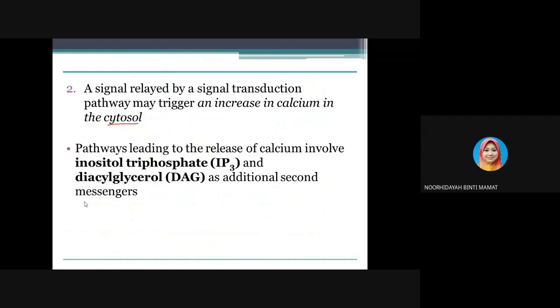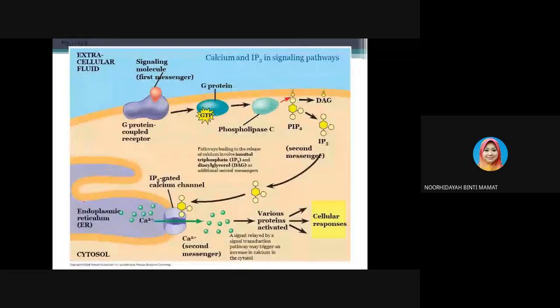Okay, so let's see here. This is calcium and IP3 in a signaling pathway. This is the first messenger, the signal molecule that binds to a receptor, here a G protein-coupled receptor. Then it will activate the G protein.